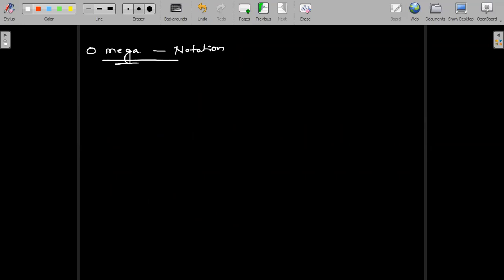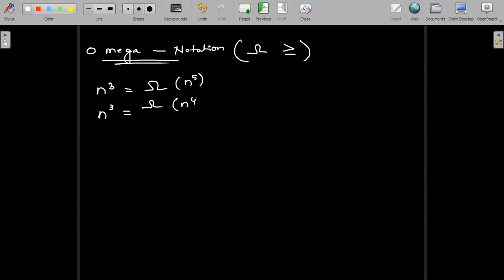Omega notation here. So here also take something like that. N cube is equal to, please observe the notation we have in omega. Omega means greater than or equal to, so on the right side we have to prove it is smaller. N cube is equal to omega of n power 5. I am concluding everything. N cube is equal to omega of n power 4.